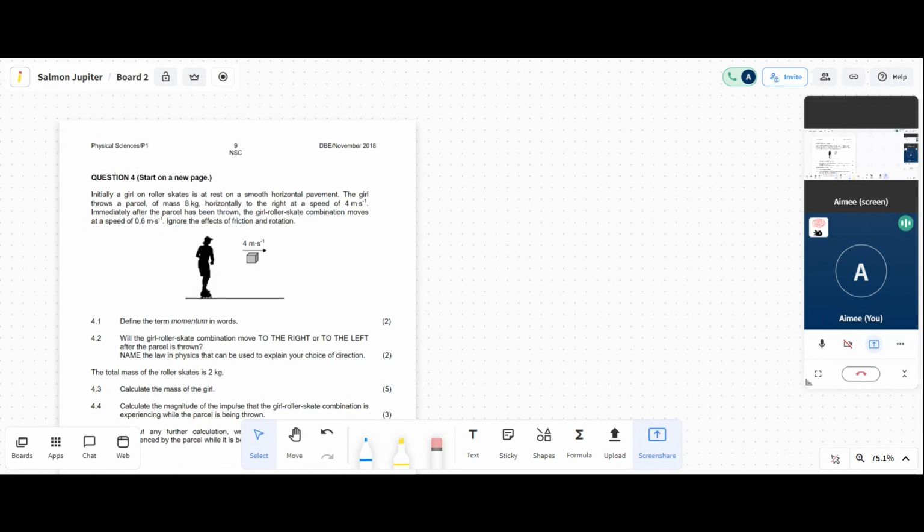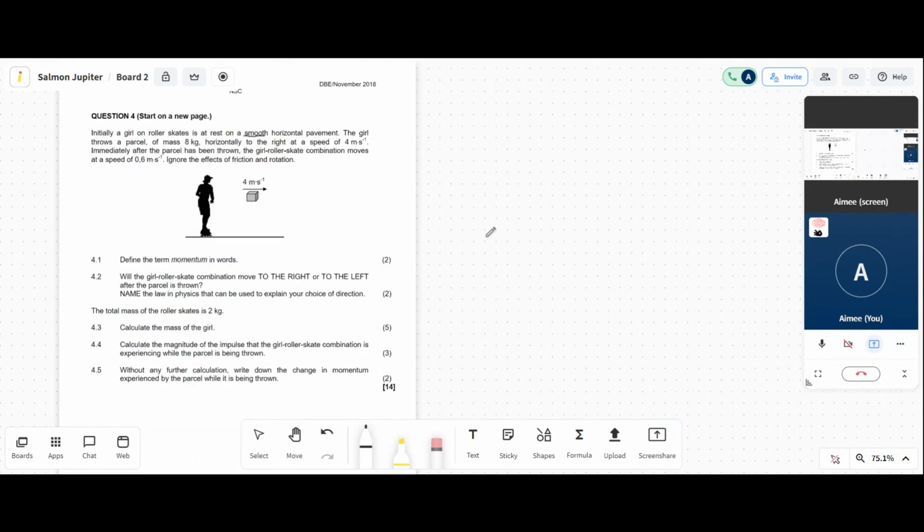Ignore the effects of friction and rotation. The first word I'd like to point out here is the word smooth. The word smooth insinuates that there is no friction and that you don't have to take friction into consideration.